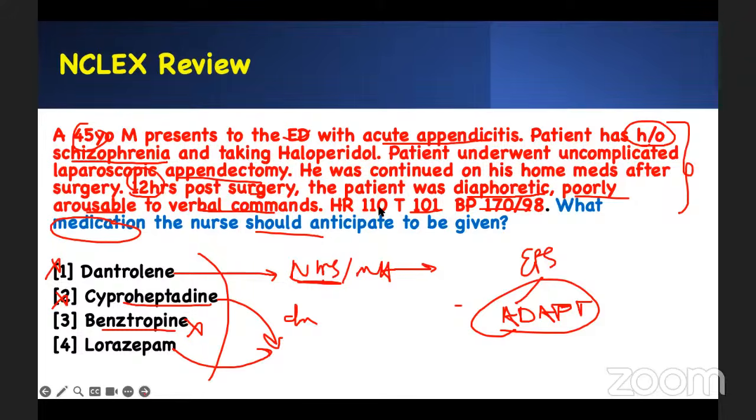What condition do you know, when you admit a patient, within 12 hours, all of a sudden they're acting out? And then, ready to treat it, you give them lorazepam. I do not want to give it to you because then I give out the answer choice. The board can do that. I left that one part off.